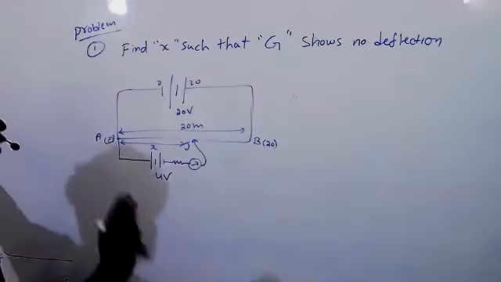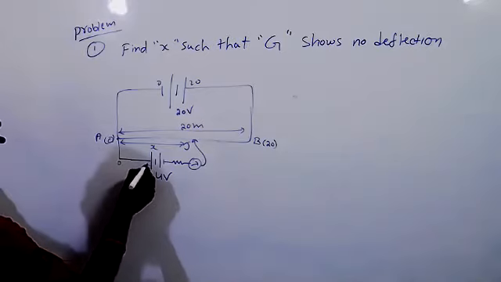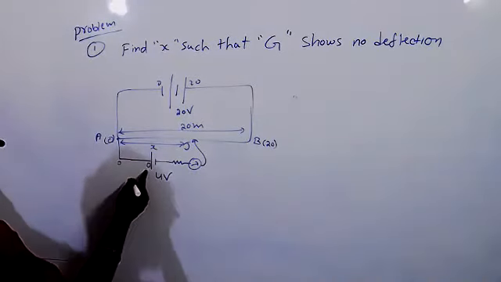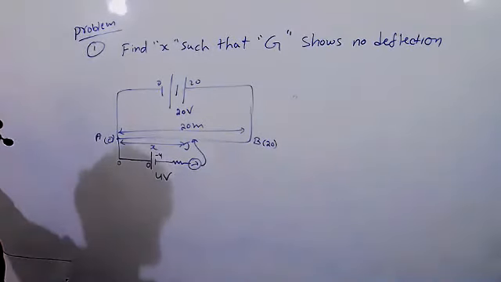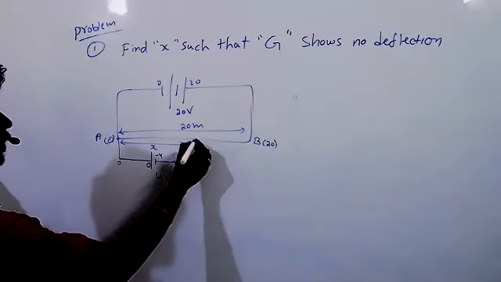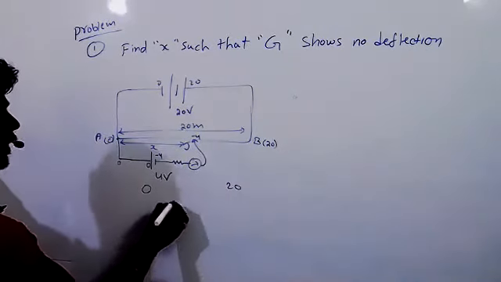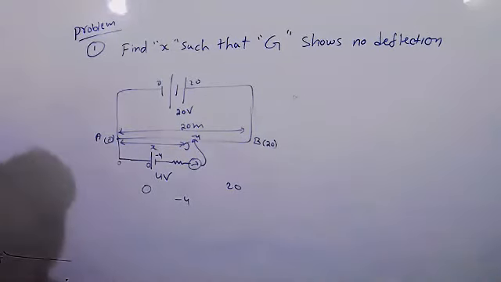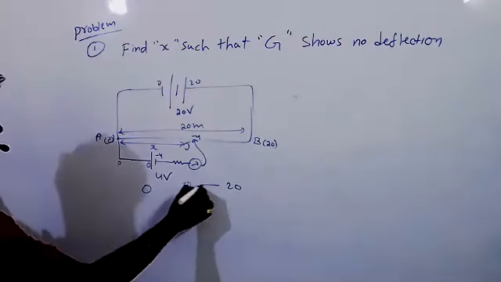When they have given like this, what will happen? Let's see. Here it is 0, here also 0 you can write, but here 4 volts, that means it is nothing but minus 4 volt. If current is not passing through it, wherever you take, it is minus 4 only. Now between 0 and 20, will minus 4 exist?